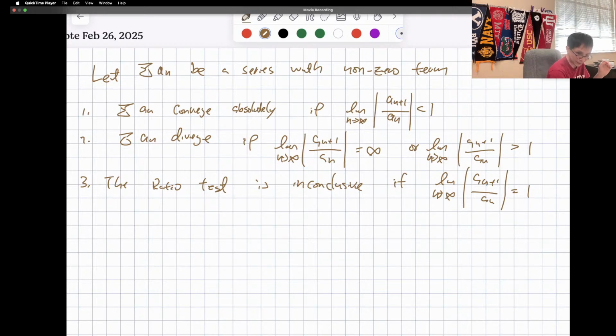If it's less than 1, yes, it converges. If it's infinity or greater than 1, it diverges. If it's equal to 1, it's inconclusive.